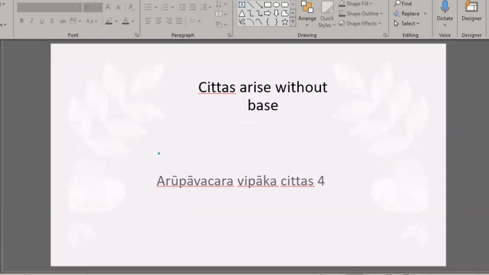Chittas arise without base. It's not difficult. Can you remember the functions of Arupavachara Vipaka chittas?